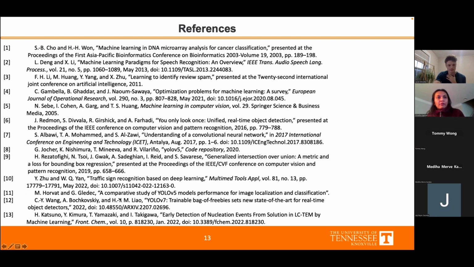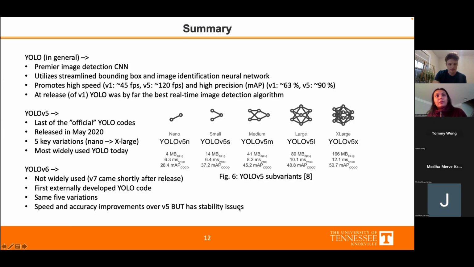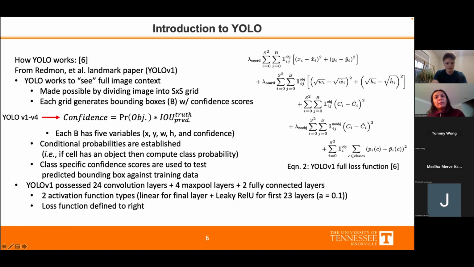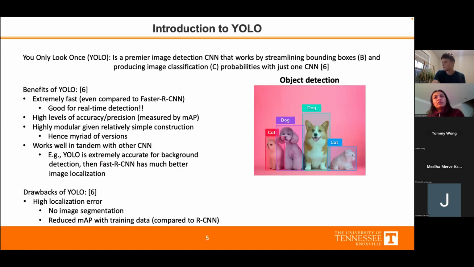Right, so I have questions. In the beginning, you presented a general idea about how YOLO worked, like YOLO v1, I think. And then you moved to YOLO v5 and v6.